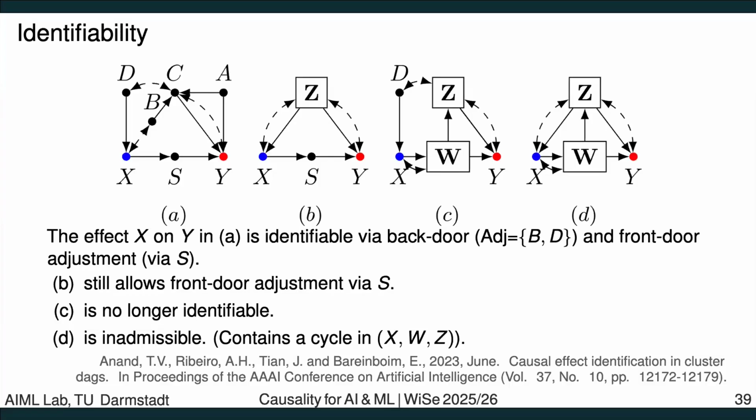Now, if you merge all these variables above X and Y into a single group, then this property might become a bit more obvious, that front-door adjustment could still be possible. If we choose the groups wrongly, then in C, the effect is no longer identifiable.